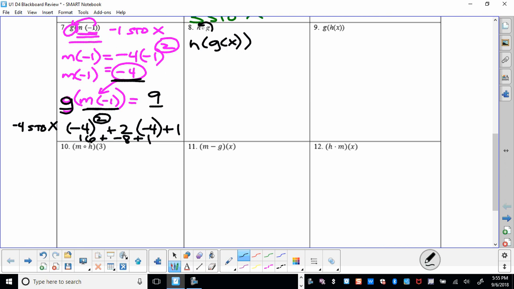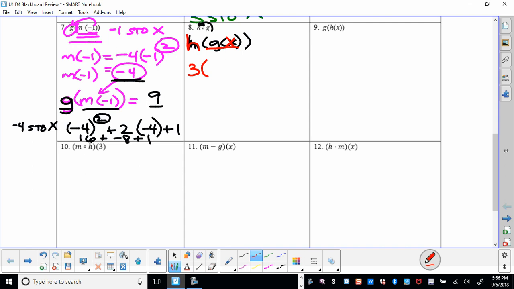So I'm going to rewrite H. I'm going to write H, but everywhere I see an x, I'm going to put G of x. So H starts out with a 3. Wherever I see an x, I put the whole G of x. There's no numbers because we've got x's here, they didn't give us any numbers, so we're going to have x's in our answer.